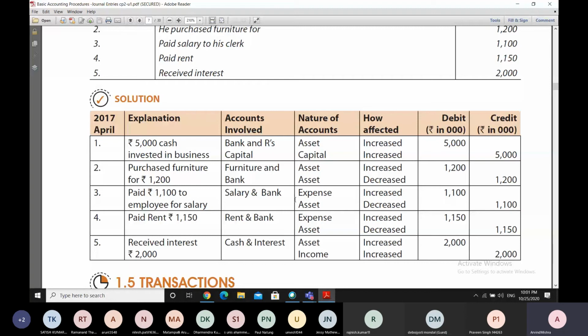The expenditure account is increased because the amount is paid as an expenditure of the company, and the asset is decreased because the bank balance is reduced, bank being the asset account here. So these are the two accounts being affected: the expense account, which increases, and the asset account, which decreases.